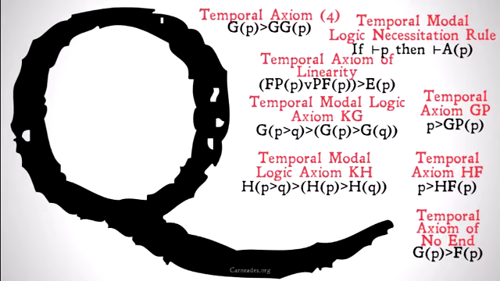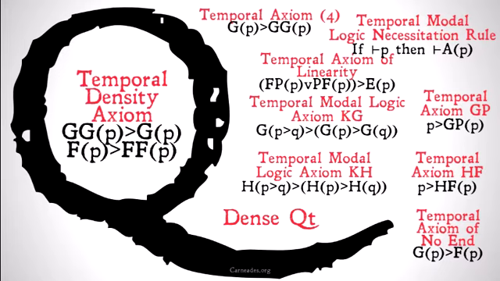Now, if we want to go a step further, we're going to get rid of those induction axioms and say that time is dense to get our dense time, or QT. In doing so, we're going to need to add a new axiom. We're going to add our temporal density axiom, or GGP implies GP.